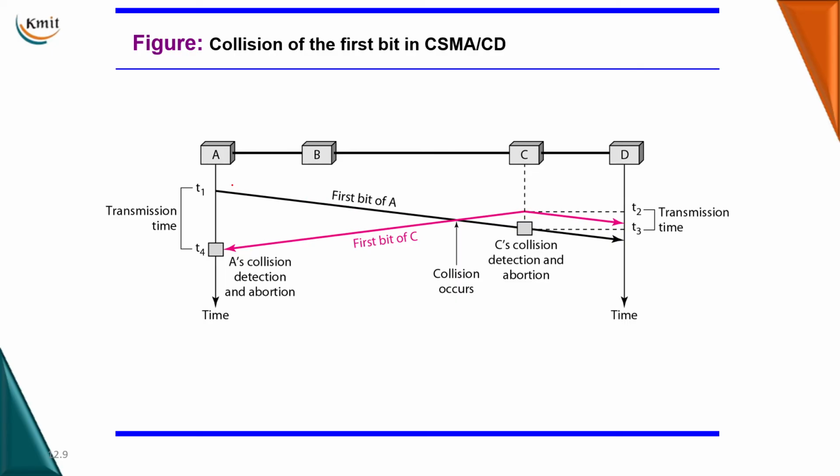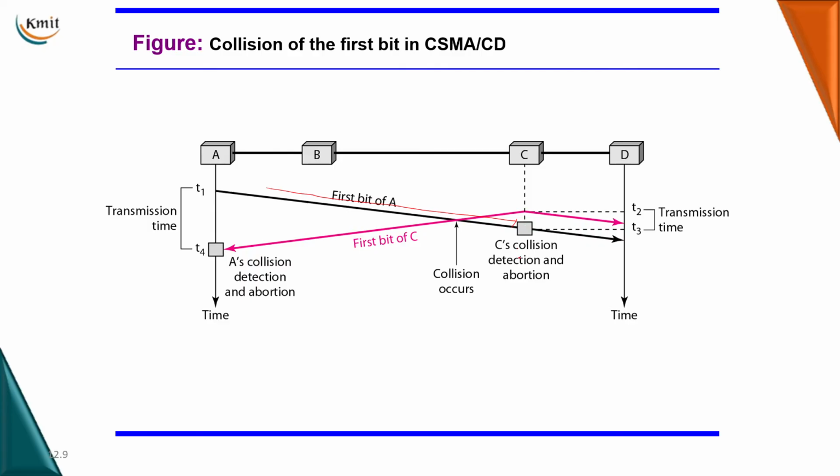By the time it has propagated to C, at T3 the signal of A has reached C, but before that, at T2, C found out that the channel was idle and C also transmitted its frame. But at time T3 the signal of frame A reached C and there was a collision.